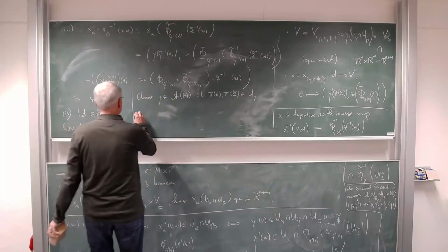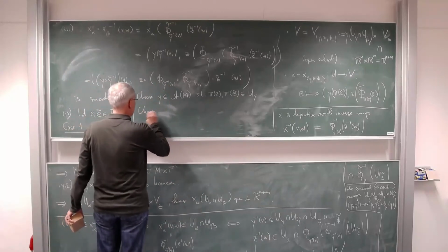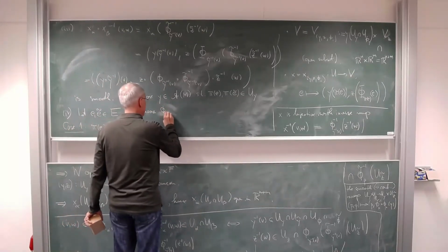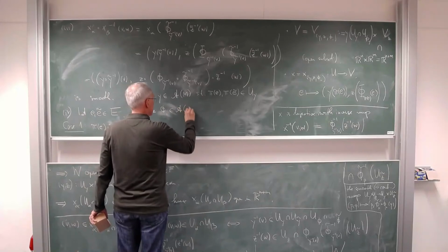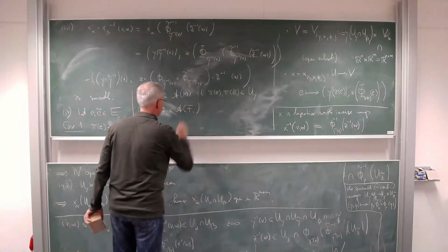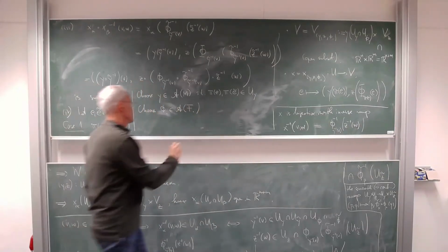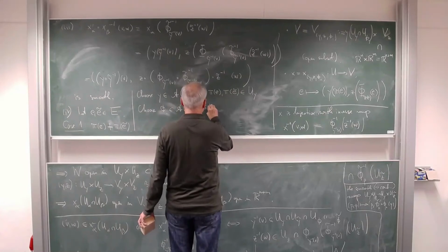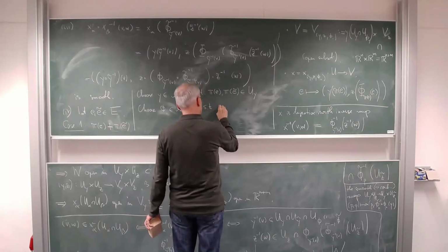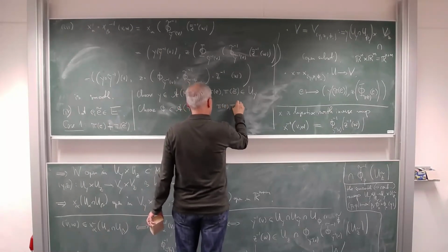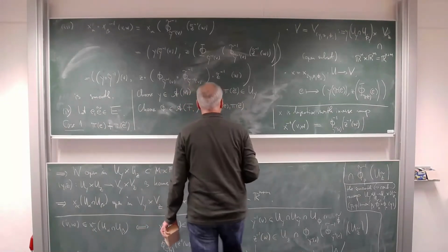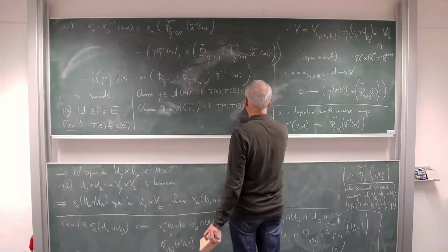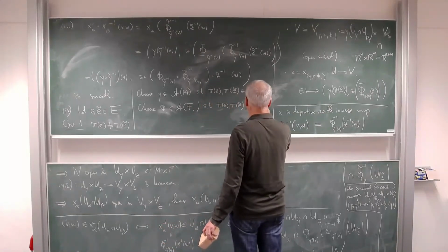Okay, so choose a local trivialization of the bundle such that these 2 points are contained in U phi.